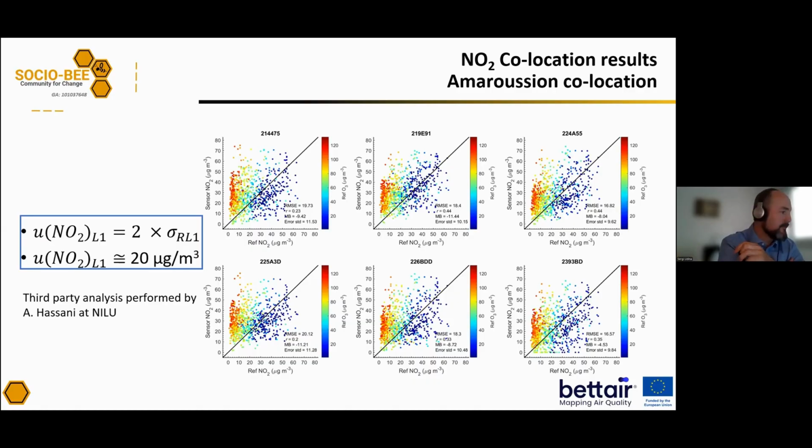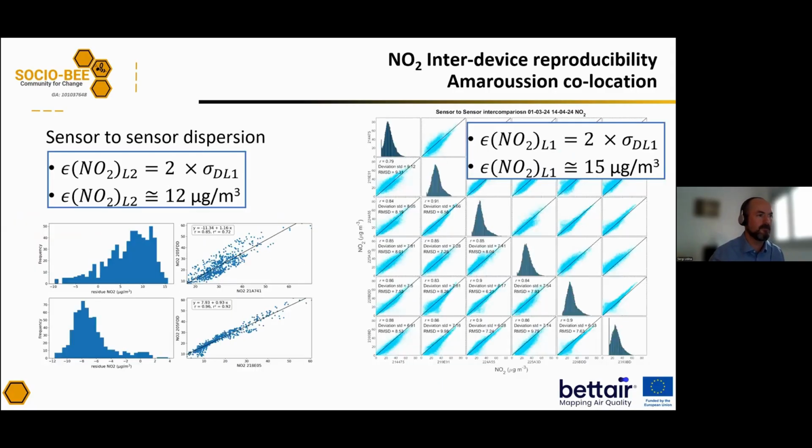The results we got, though, we are happy with, which were around 20 micrograms per cubic meter of uncertainty at level 1. Okay, discrepancy with the reference. I want to thank Amir Hossein Hassani from NILO, who provided these graphs. We did a third-party analysis. We could have done it in-house, but we prefer to do it externally, so thank you for that.